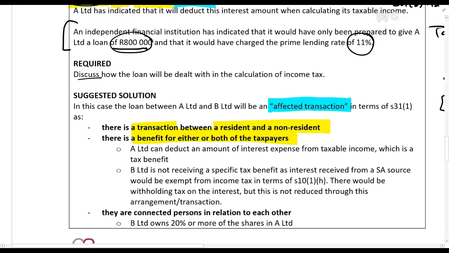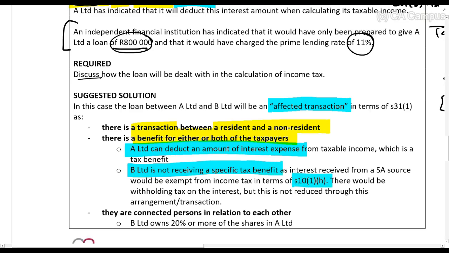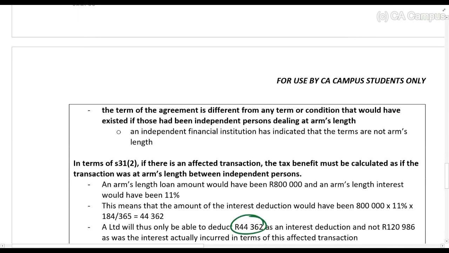In this case, A Limited can deduct the interest expense, and B Limited will not be taxed on it because it is a non-resident, and non-residents receiving interest are fully exempt in terms of section 10(1)(h), if you remember. They are also connected persons in relation to each other because they hold 20% or more of the shares. There are terms which are not at arm's length, which they tell us, so that means we have an affected transaction.